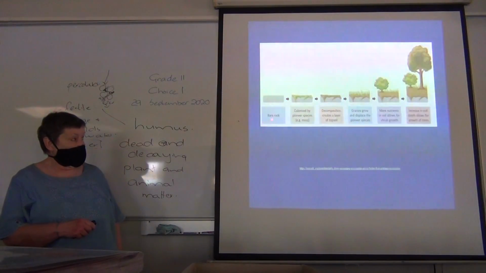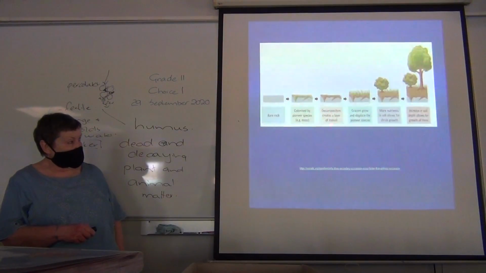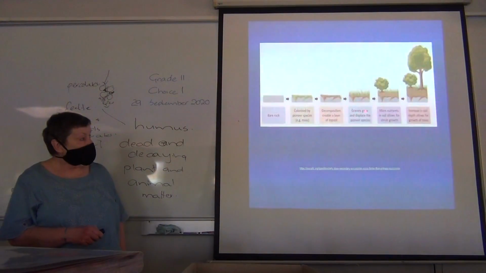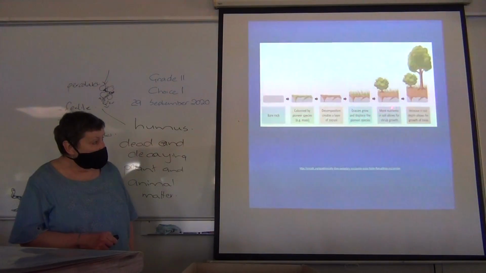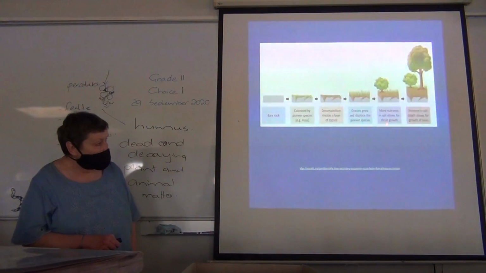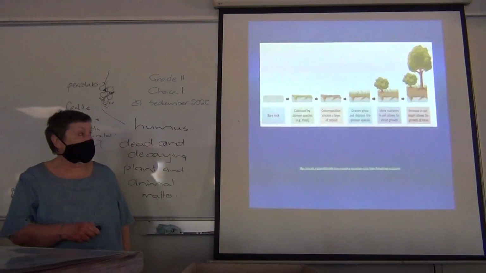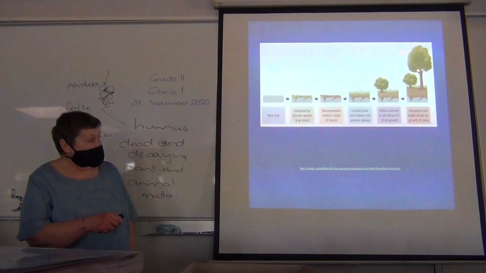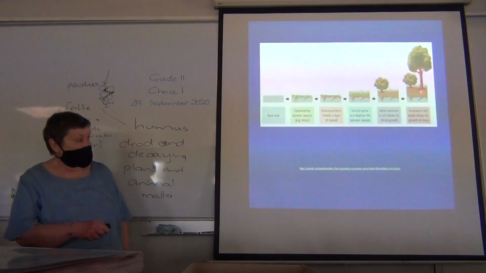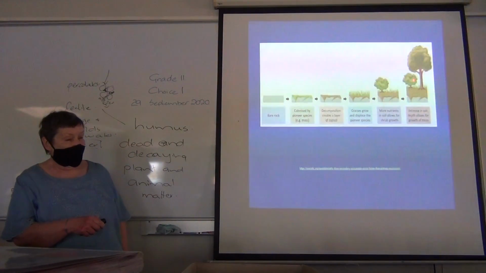So, bare rock, no soil. Colonized by pioneer species, for example, moss, which decomposes and creates a layer of topsoil. Grasses then grow, more nutrients in the soil allow for shrubs to grow, and then finally, these bigger organisms grow, and these are called the climax species.